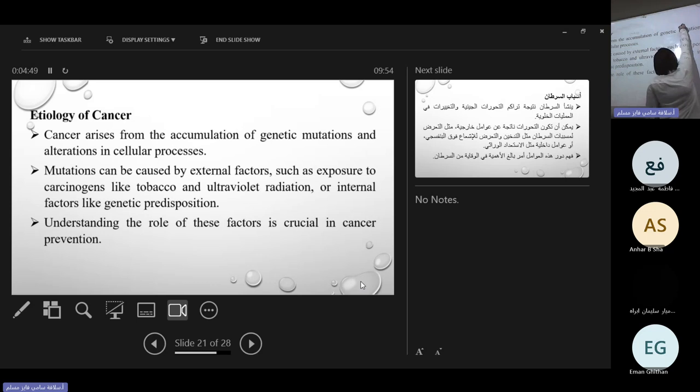Genetic mutations are abnormal changes. Remember what abnormal means? What does normal mean? The opposite of abnormal. Alteration is also changes, but it's different from mutation. Cellular, which word does it come from? Cell. Okay?